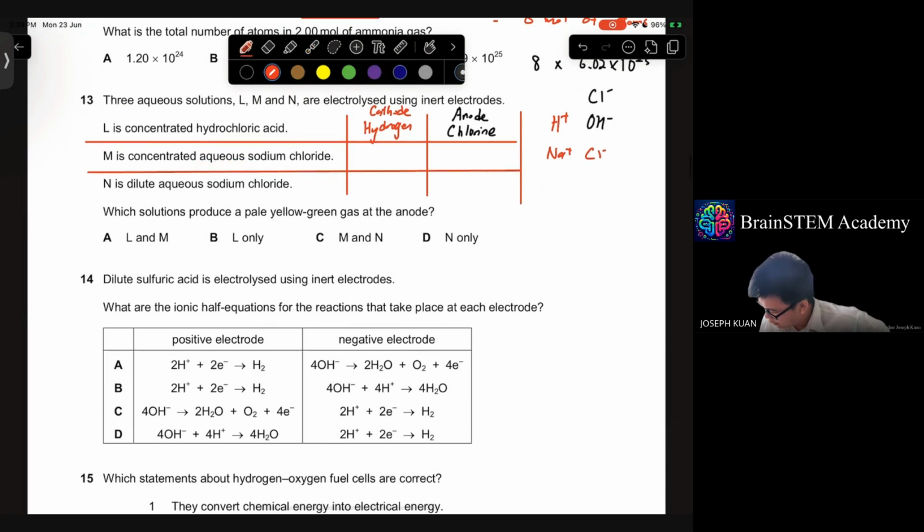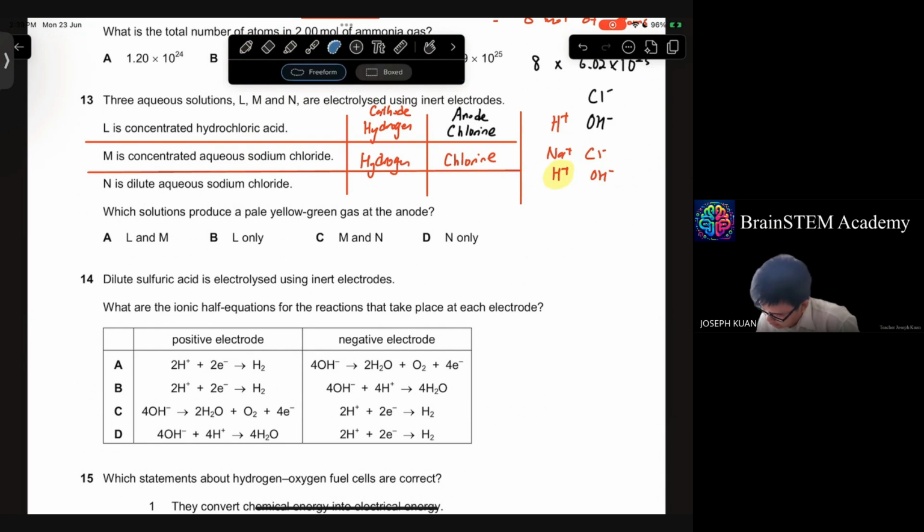So there will be hydrogen ions and hydroxide ions present. Using the ease of discharge series, we should get hydrogen at the cathode. And then our chloride will be preferentially discharged because it's concentrated. So we get chlorine gas also at the anode.